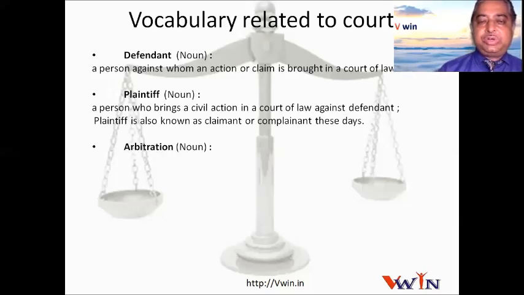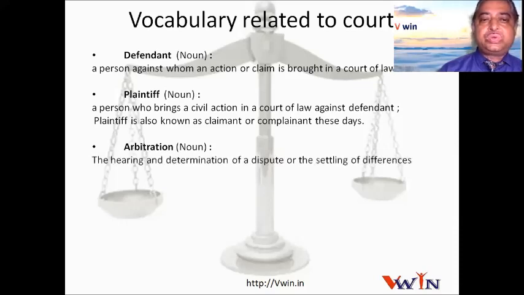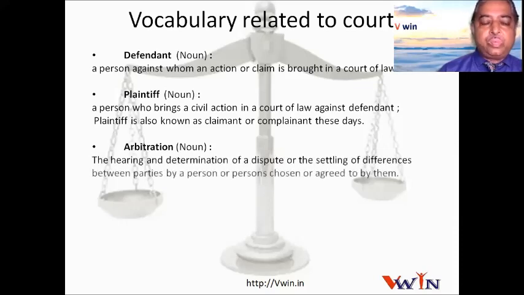Arbitration. Arbitration is a process of sorting out the issues or differences between two parties so that they can make a compromise. This process is known as arbitration. Generally, in this case, both the parties choose a person or a group of persons, and this person or group of persons acts as mediator, and tries to settle the issues between the two parties.